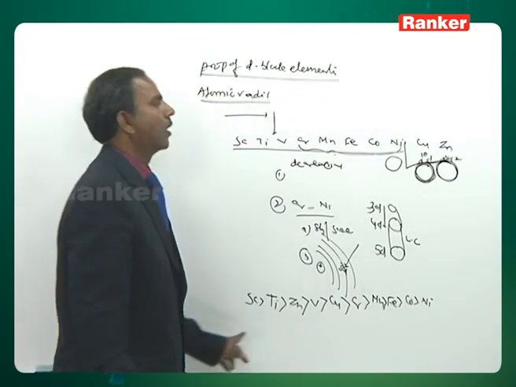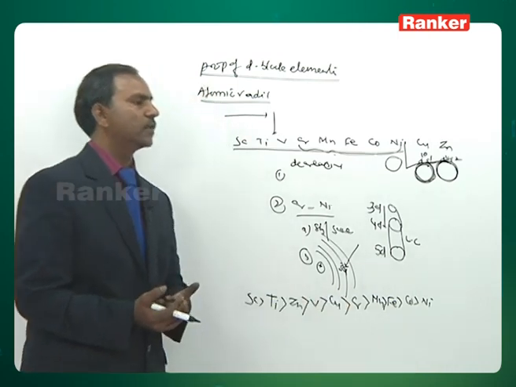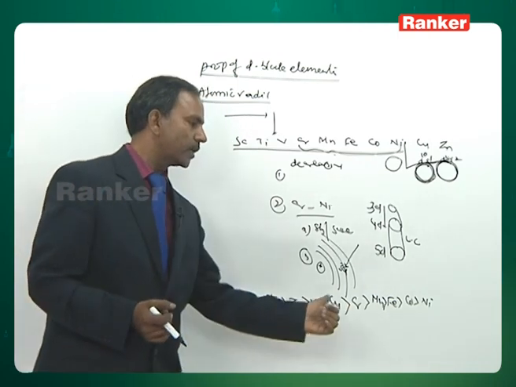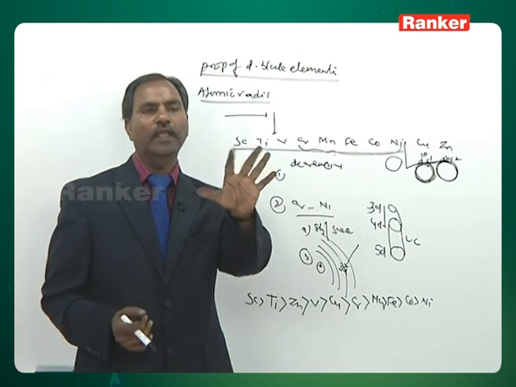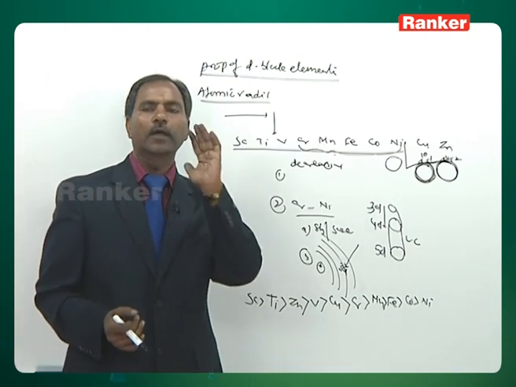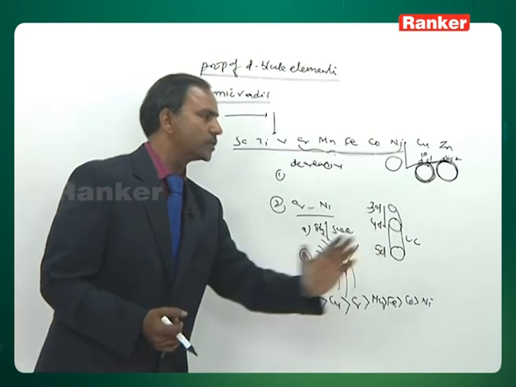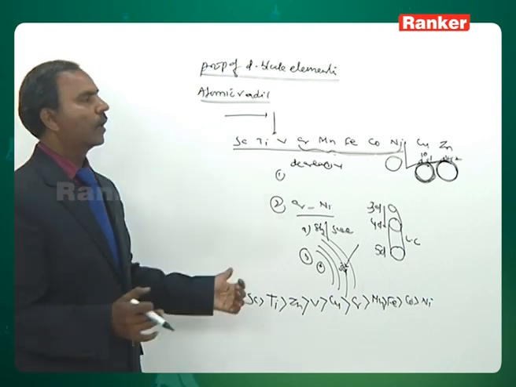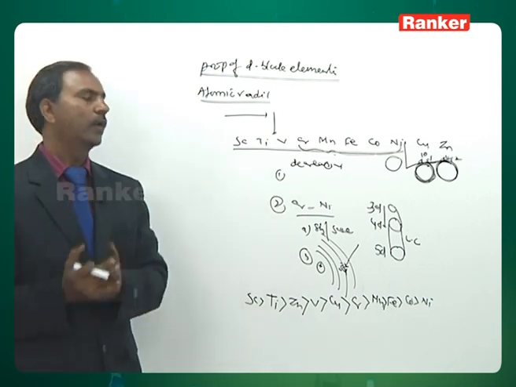This is the decreasing order of atomic size of the 3D series. Try to remember the entire series, so that if in the examination they give only four or five elements and ask you to arrange them in increasing or decreasing order, you can easily make it out.